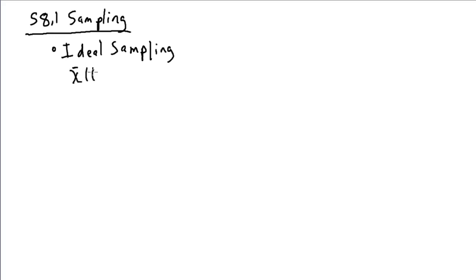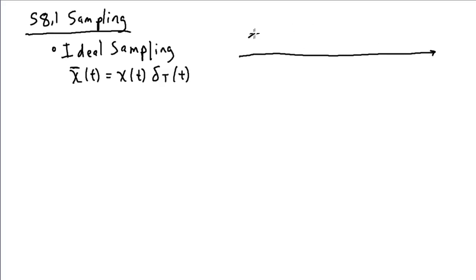our impulse train to come up with a sampled version of x of t. We'll call that sampled version x, and I'll put an overbar over it. For example, just some pictures here. x of t may be some function like this, a function of time. This is our continuous time function.